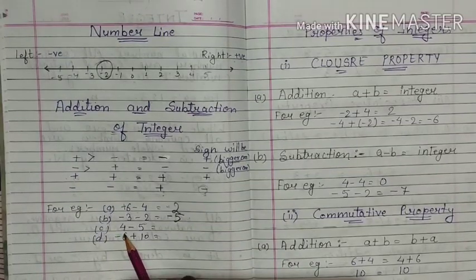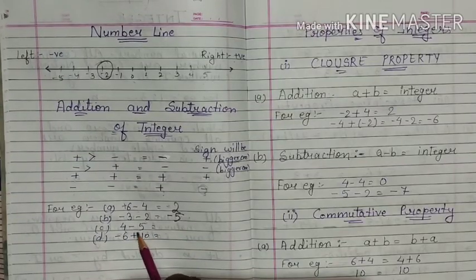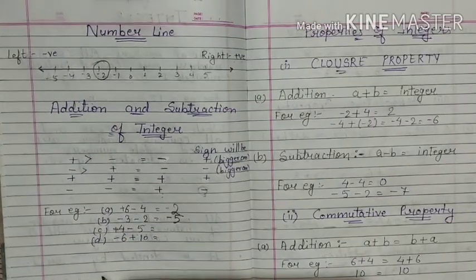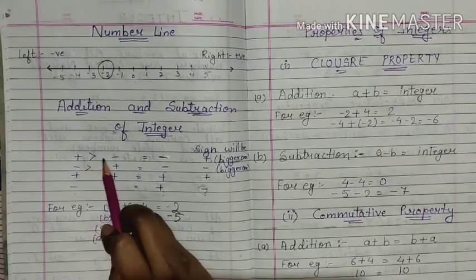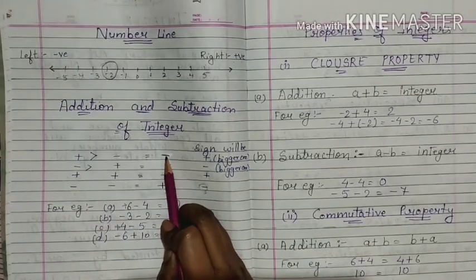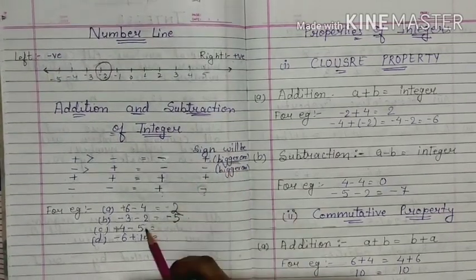Then question number three, 4 minus 5. 4 is of plus sign and 5 is for minus. Plus minus is minus, but the sign is for the bigger one.